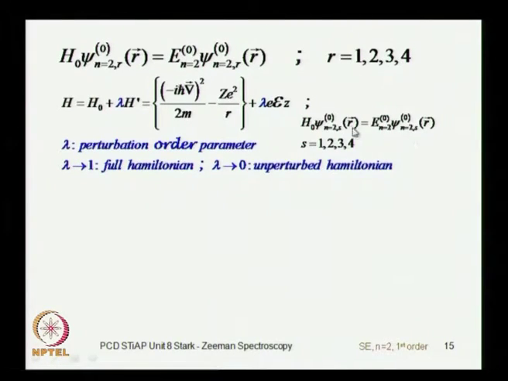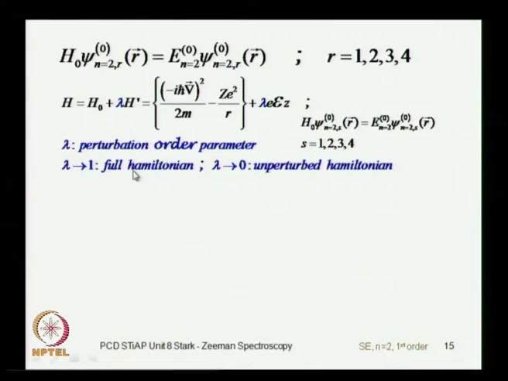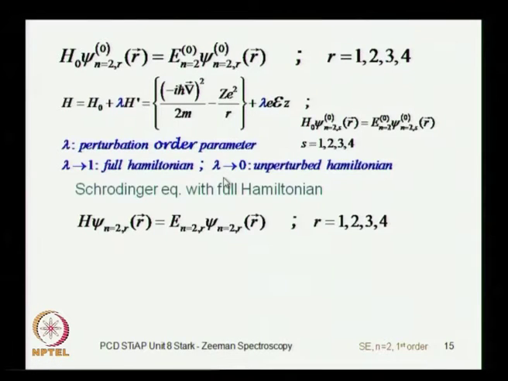So, you have got these 4 states which are degenerate, and the perturbation is E times script E times Z. This is the charge, the script E is the electric field, and the perturbation order parameter is lambda. Lambda equal to 1 gives you the full Hamiltonian, lambda going to 0 will give you the unperturbed Hamiltonian, and now you can write the Schrodinger equation with the full Hamiltonian.